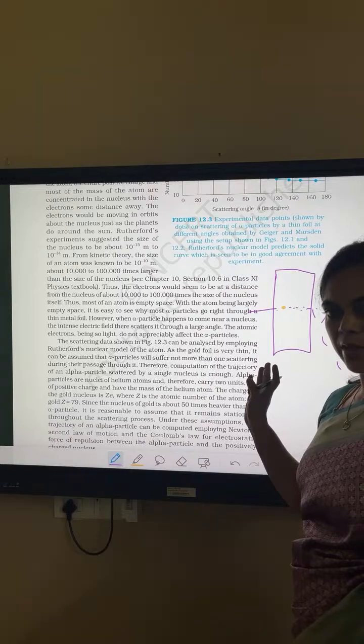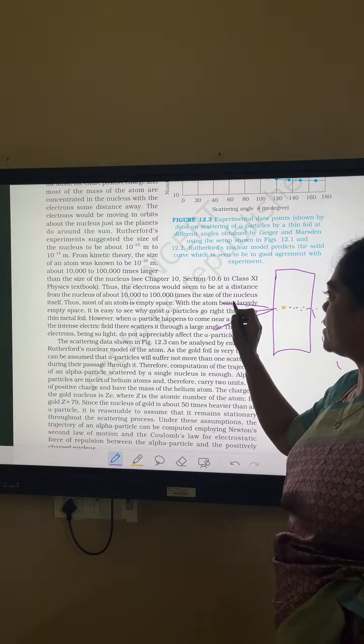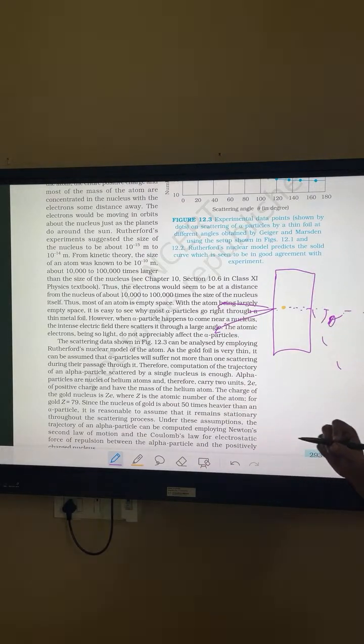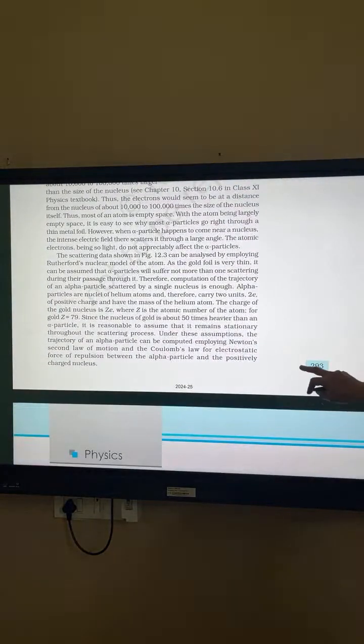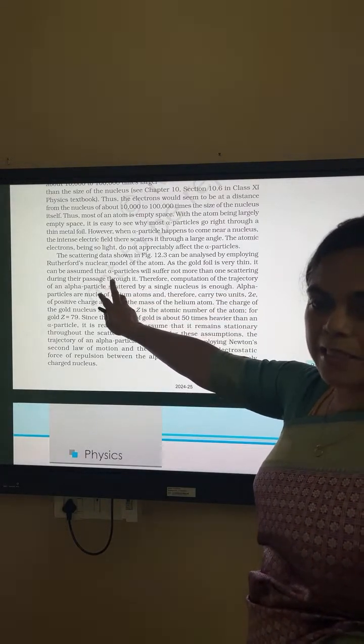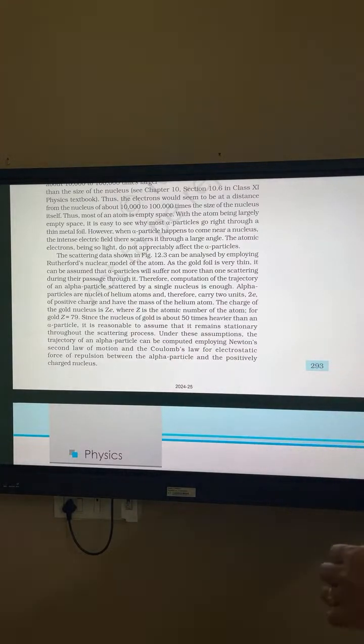If it is highly thick, definitely so many backward scatterings take place instead of forward. So that's what they are trying to explain here. Underline this point and write this point. This will be asked in your MCQs. Therefore, computation of the trajectory of an alpha particle scattered by a single nucleus is enough.